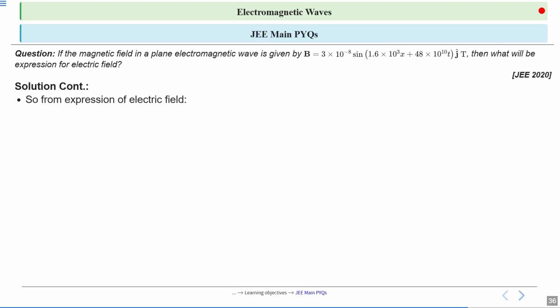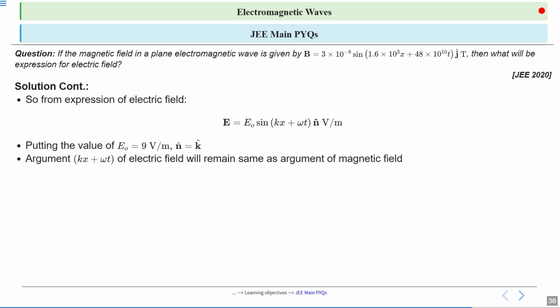So from the expression of electric field, E is equal to E naught sine kx plus omega t n cap volt per meter, after putting the value of E naught and n cap equal to K cap, which is the unit vector of Z axis. The argument kx plus omega t of the electric field will remain the same as the argument of the magnetic field. It will not change.